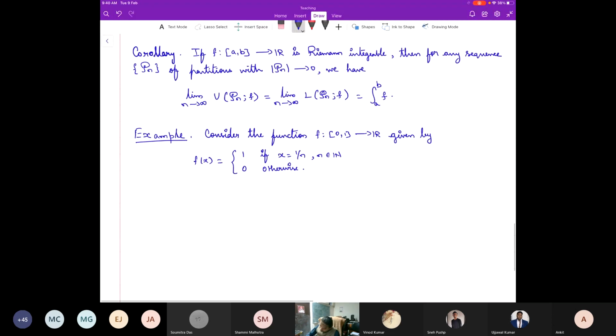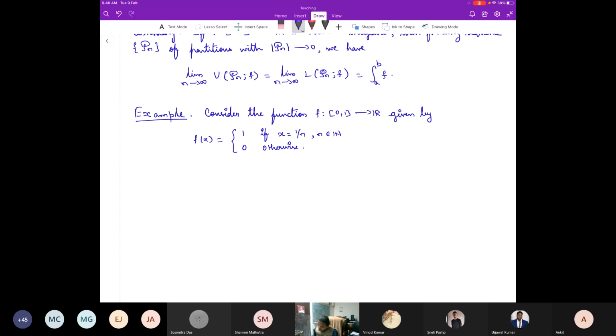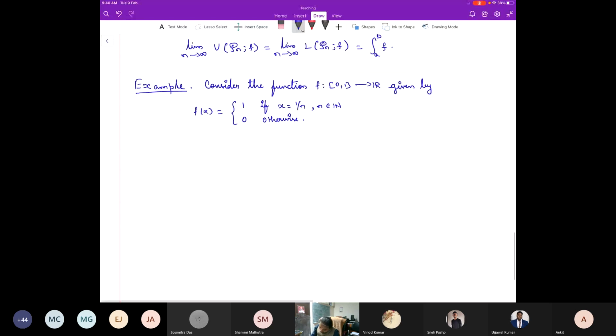Now for any partition, what is the lower sum? It is 0.